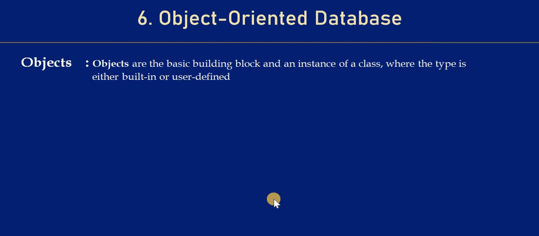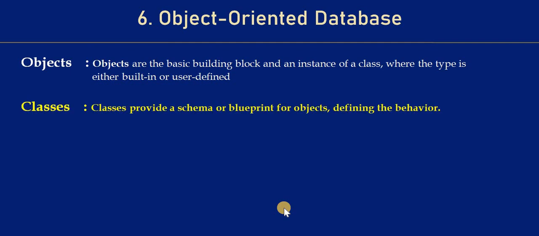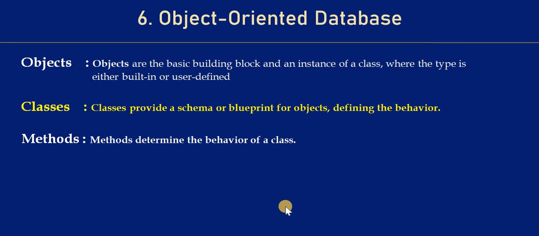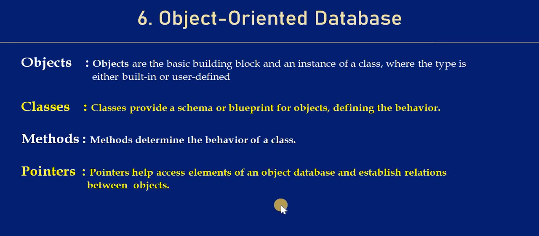What is an object? Objects are the basic building blocks and an instance of a class, where the type is either built-in or user-defined. What are classes? Classes provide a schema or a blueprint for objects, defining the behavior. Methods determine the behavior of a class.